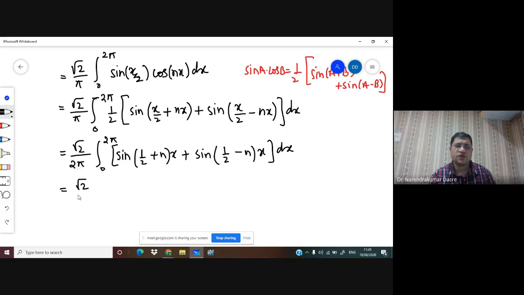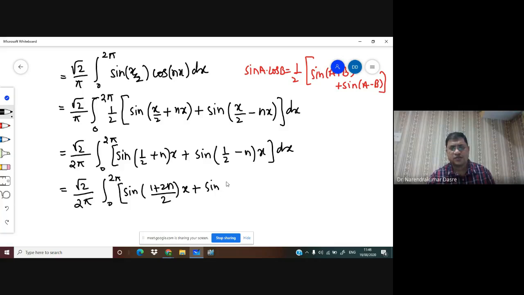So this is equal to 2 upon 2 pi, and we have here 0 to 2 pi sine of, this we can write as 1 plus 2n by 2 x plus sine of 1 minus 2n by 2 x, and this is here.